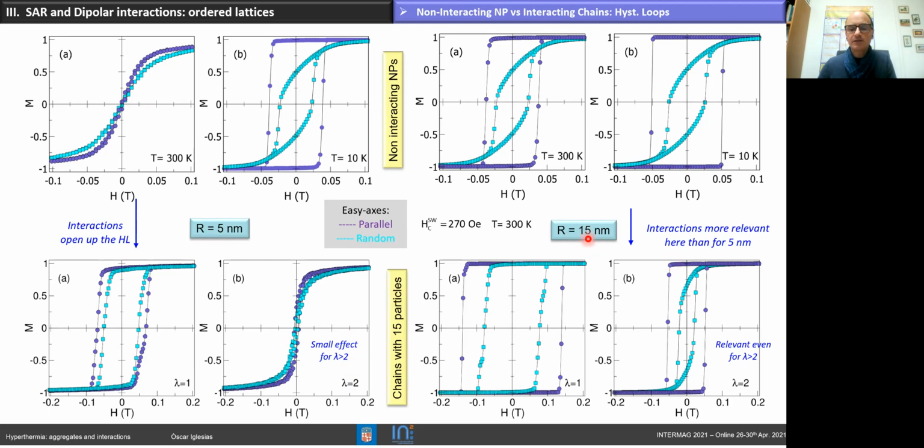However, for the 15 nanometer particles, the interactions are more relevant than for the smallest ones. As we can see here, the hysteresis loop area increases far beyond what is obtained in the non-interacting case, and this sizable increase of the hysteresis loop area is relevant even for particle separations of 1 diameter in size.